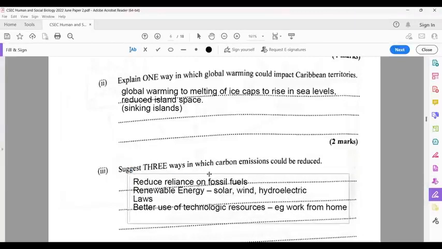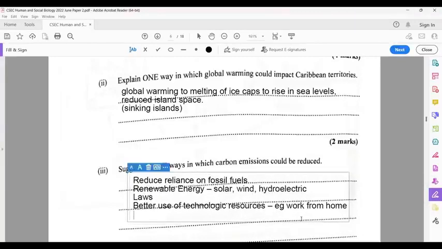It just depends on where your mind is, what you're thinking about right now. Reduce reliance on fossil fuels. There are a whole host of renewable energy sources available that could be used as substitutes. Laws, you could put laws into place to help with the reduction. You could put penalties, policies, anything around laws.